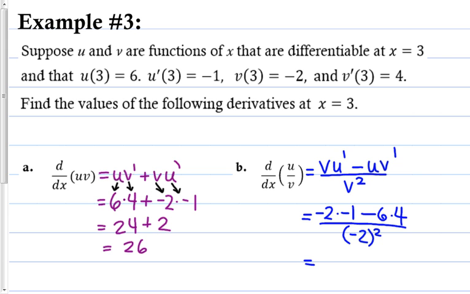So -2 times -1 is +2, minus 6 times 4, that's 24. -2 squared is 4. I get -22 over 4. Technically I can simplify that to -11 over 2, but in this class it's not really necessary. -22 over 4 is a valid answer.